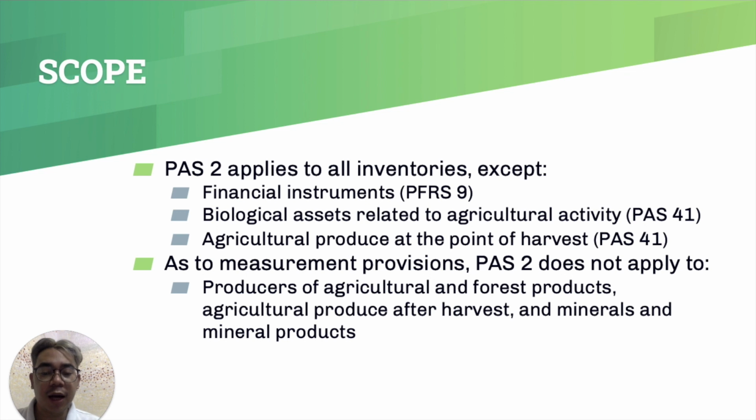For these companies, they use their industry practice of measuring these inventories. And pangalawa, hindi rin lower of cost or net realizable value kapag ikaw ay commodity broker trader. So kapag broker trader ka, the measurement that you use is fair value less cost to sell. So again, for these two companies, nag-a-apply ang PAS 2 pero hindi yung measurement provision.